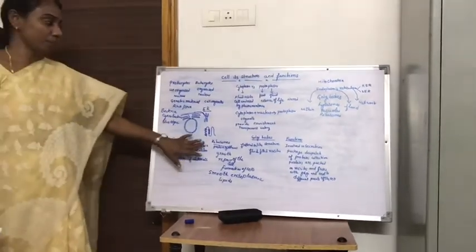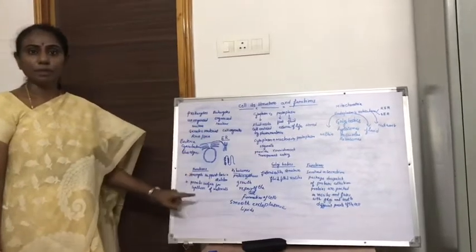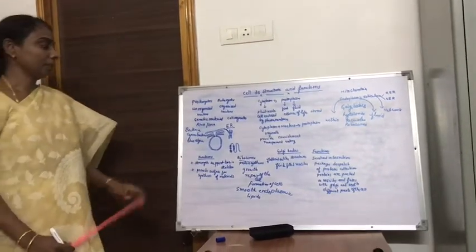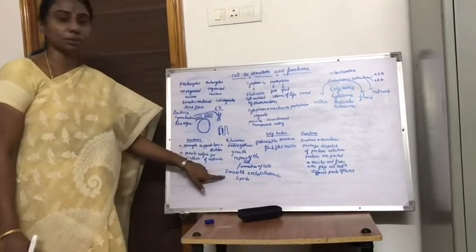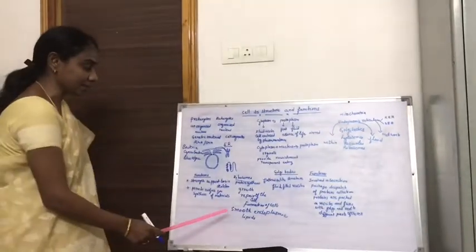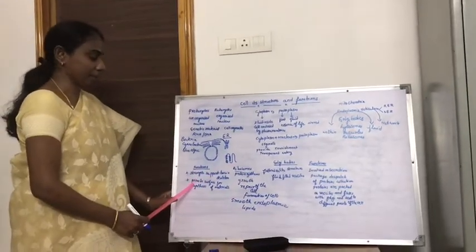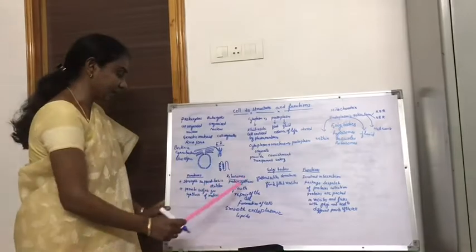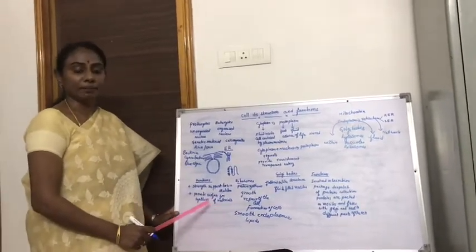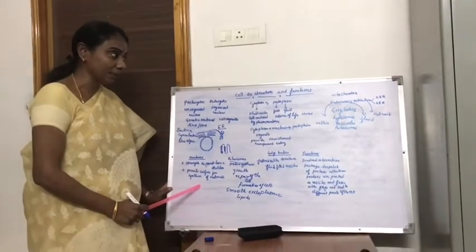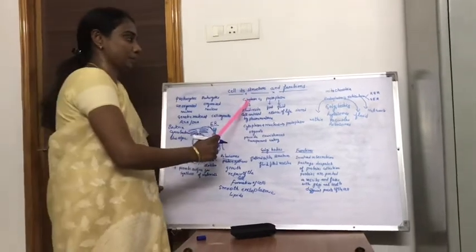So there are two types of reticulum: rough endoplasmic reticulum and smooth endoplasmic reticulum. Rough endoplasmic reticulum synthesizes the proteins, whereas smooth endoplasmic reticulum synthesizes the lipids. Totally, the endoplasmic reticulum provides a surface area for the synthesis of various materials required for the cell's metabolic activities.